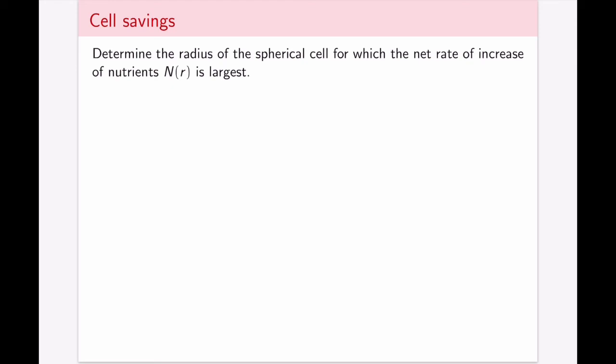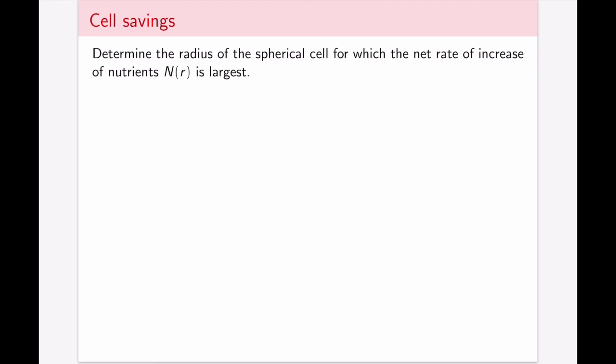The question here, though, is not about what cell sizes are depending on how they consume and absorb nutrients. It is a further question about the net rate of increase of nutrients and when that is the largest for the cells.